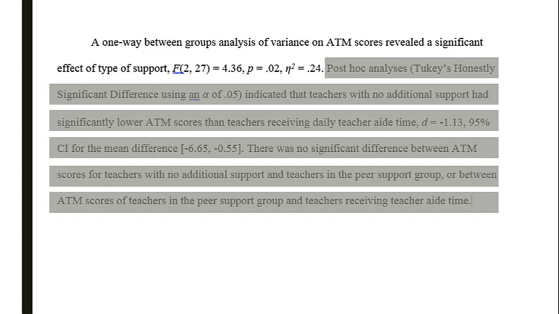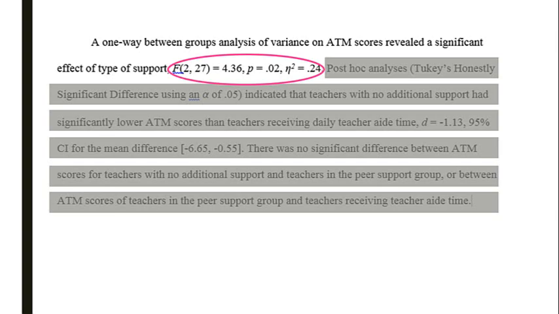Remember, just like p-values, eta squareds take on scores between 0 and 1. So it's impossible that I've forgotten a number here, so I don't need to include the 0 for the eta squared score. So that's my main result.